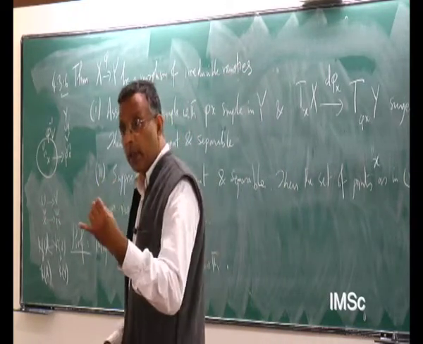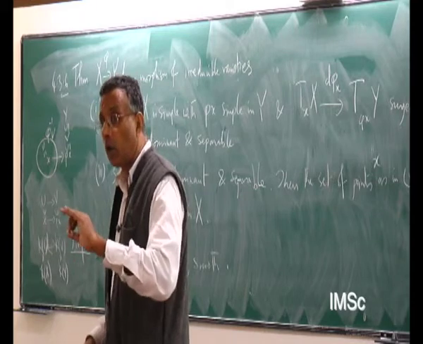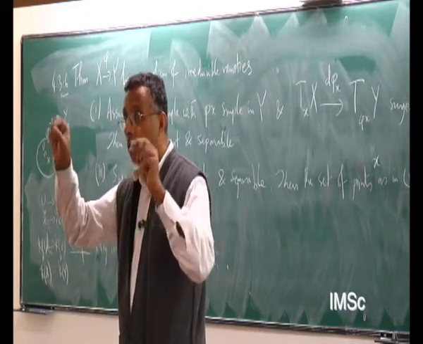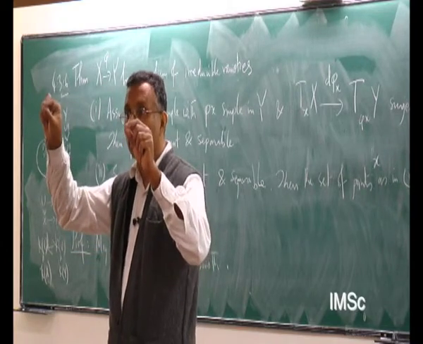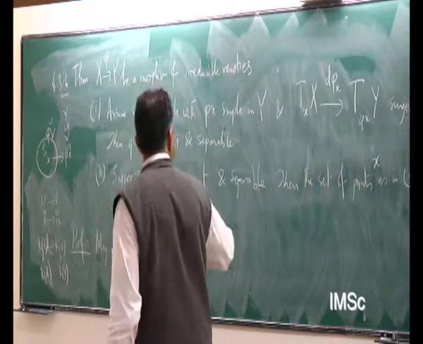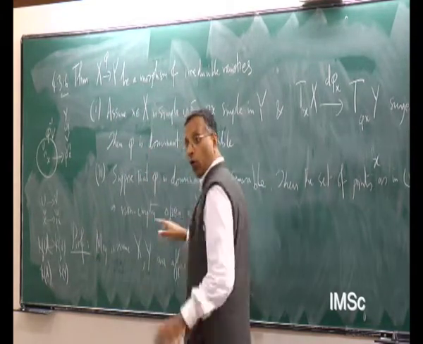Now, okay, I have proved non-empty, right? You agree. Now I have to show that it is non-empty open. So now I look at a point where such a thing happens, right? And then I have to show this open set.